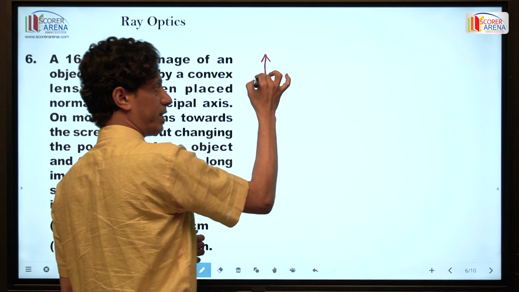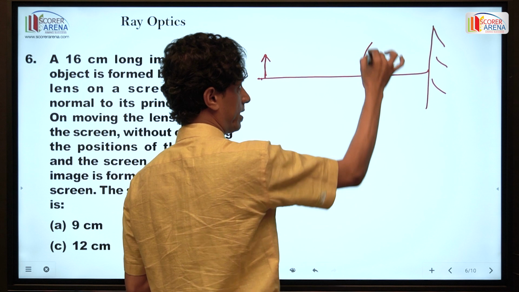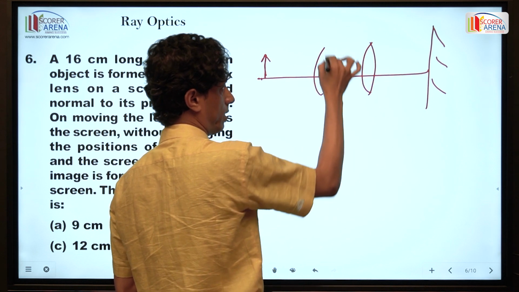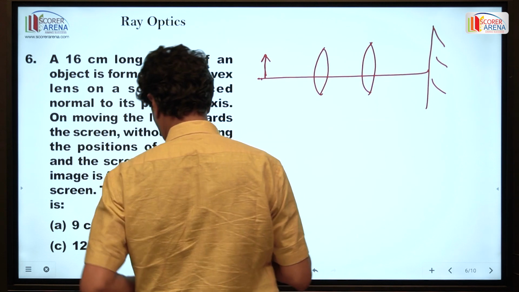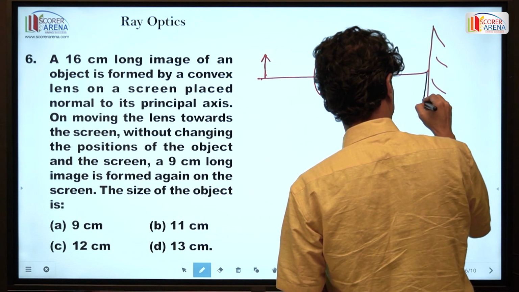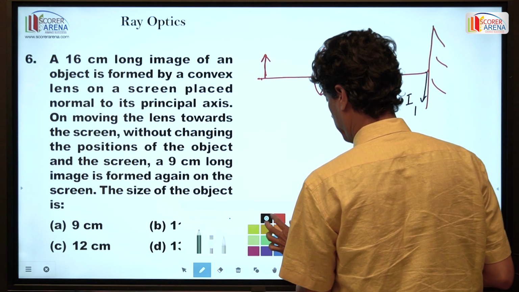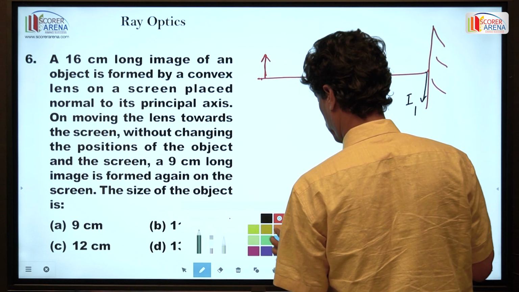Say this is the object and the screen is here, and the lens is placed in two places. In these two places we get image 1 and similarly image 2.